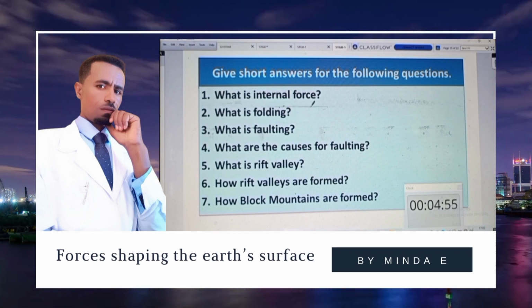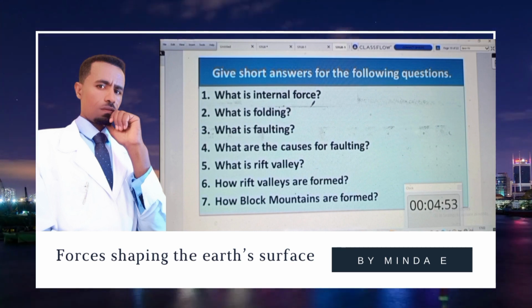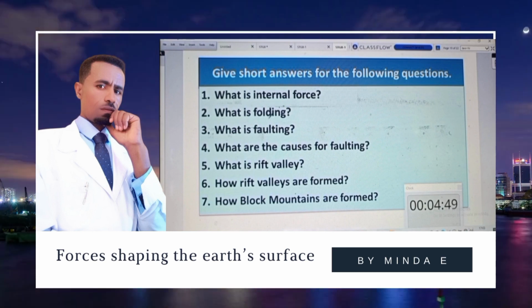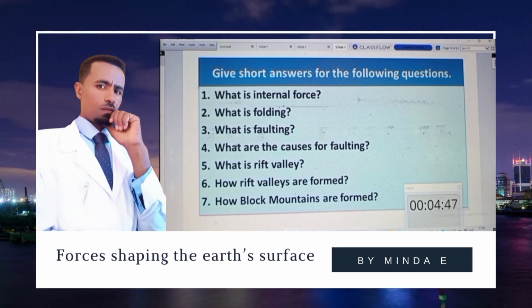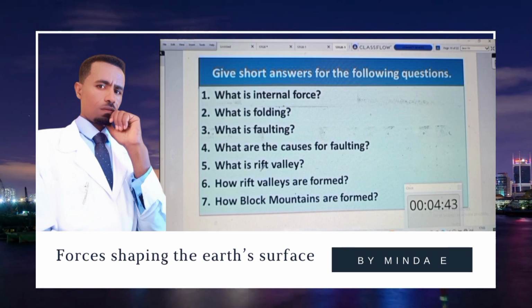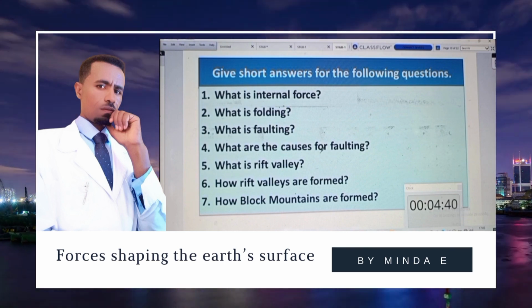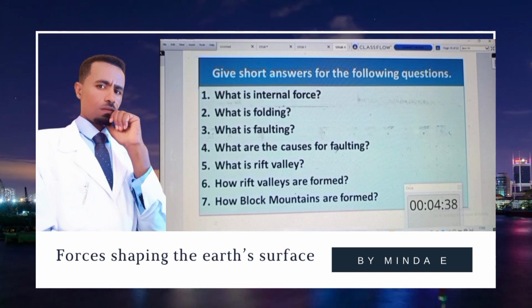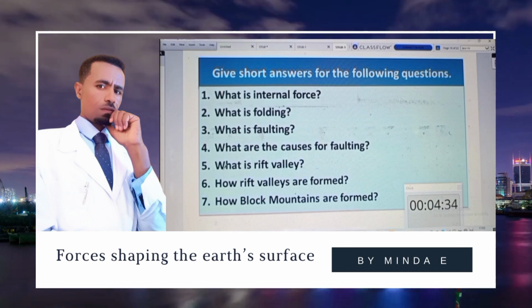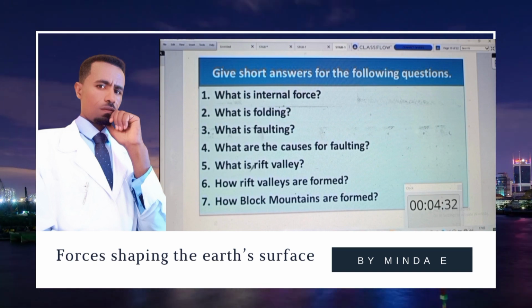So you are expected to define internal force. What is faulting? What are the causes of faulting? You have to list down the causes of faulting, and also what is Rift Valley.